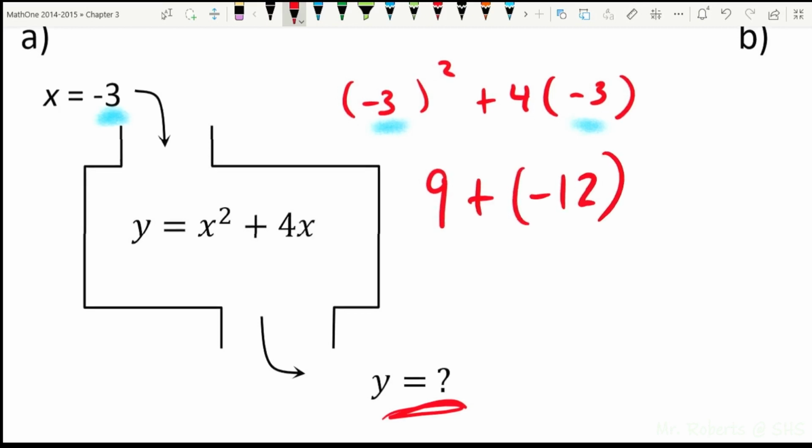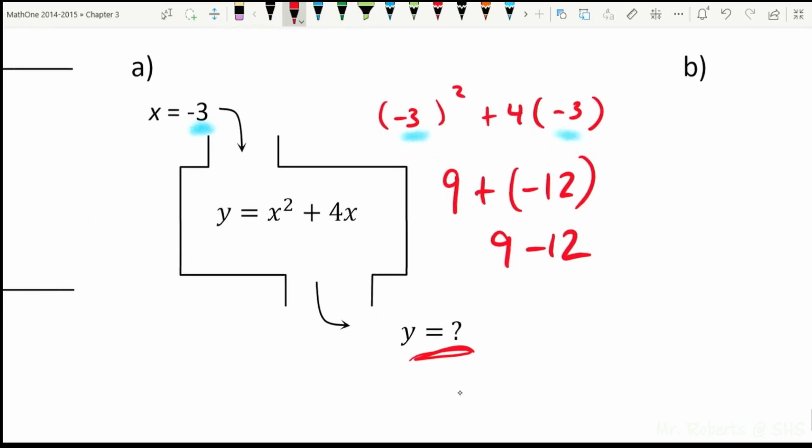This is 9 plus -12, or 9 minus 12. And I believe, that's interesting, it is -3. So when the input is -3, the output is the same. The output is -3.